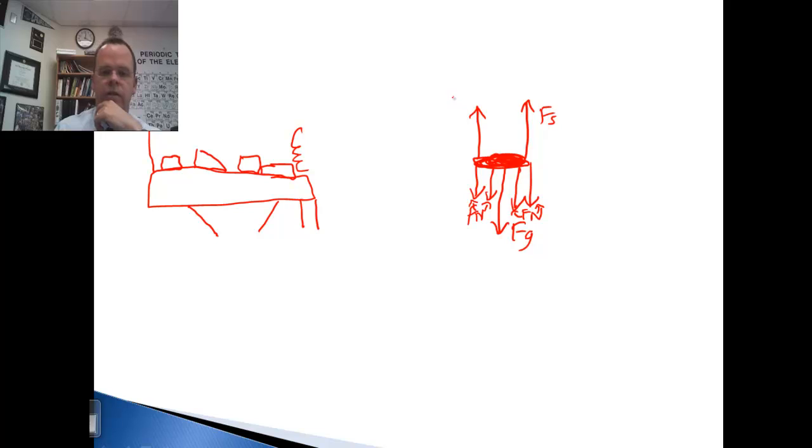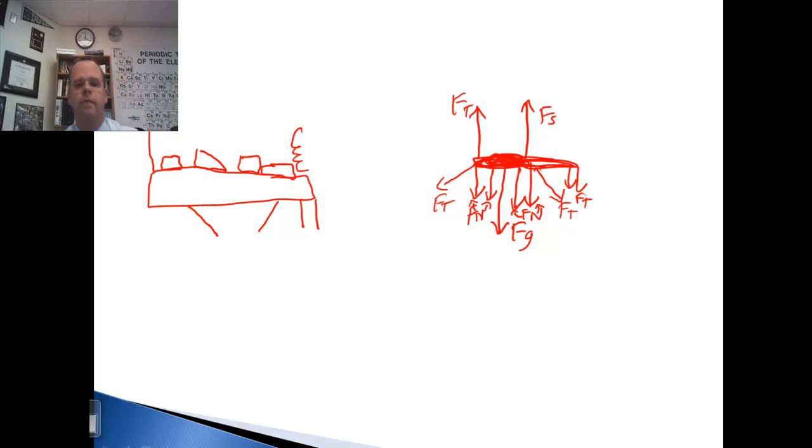I've got a tension force from the spring and string pulling up, and then I'll make my dot even bigger here. I've got a tension force going this way, a tension force going this way, and 2 tension forces going down. So this has a lot of different forces because it's touching 4 objects, has 5 strings attached, so 5 tension forces and 1 spring.